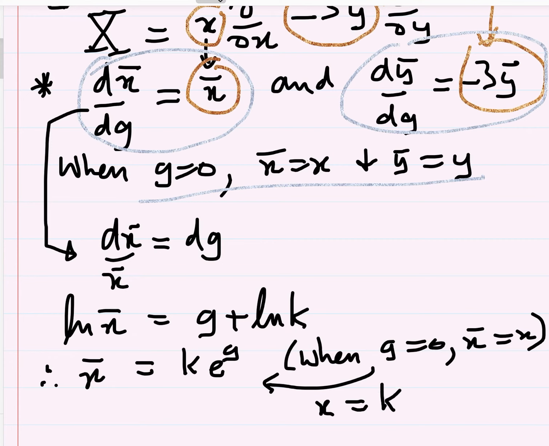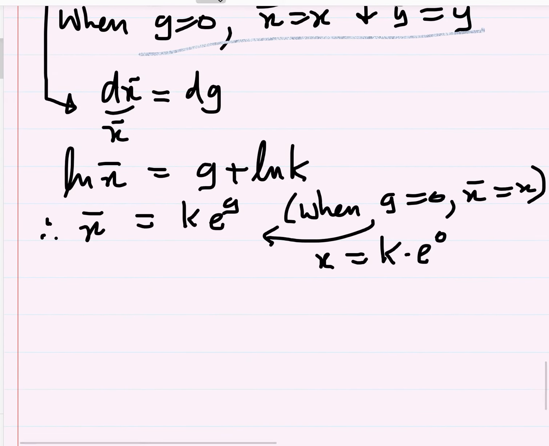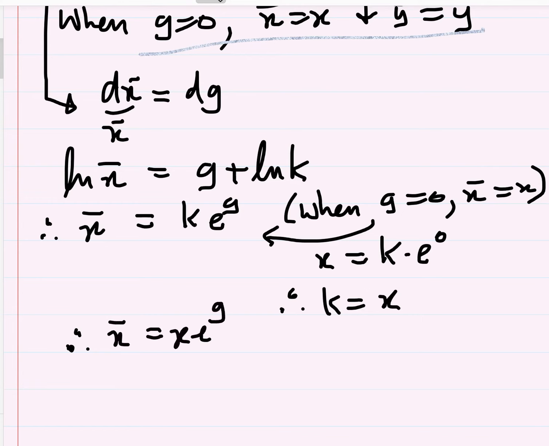This is k, and this is e to the 0. So it's clear that this gives us the solution, or at least a form of k. So therefore k equals x, and therefore we have x bar sorted out as x e to the g. That's the first case.